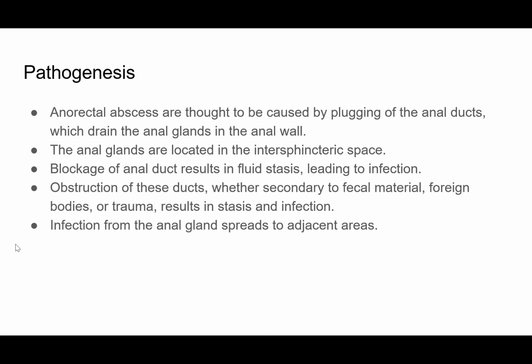This obstruction of the ducts can occur secondary to fecal matter, foreign bodies, or trauma, all resulting in stasis and infection. So the infection, the pus, now spreads into spaces within the anal glands and the spaces within the anal canal.